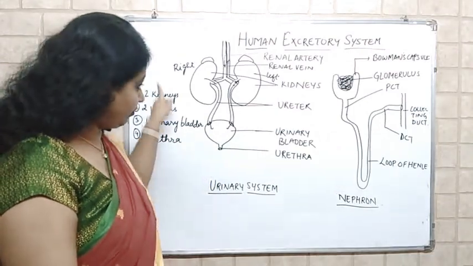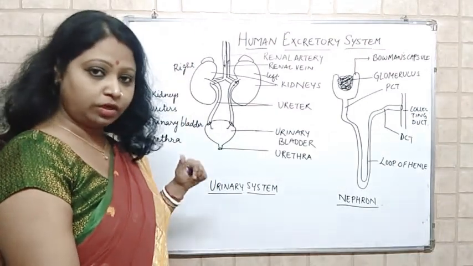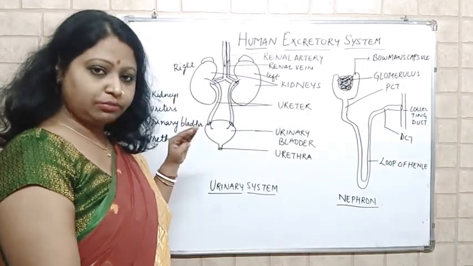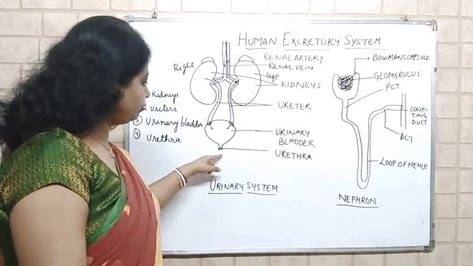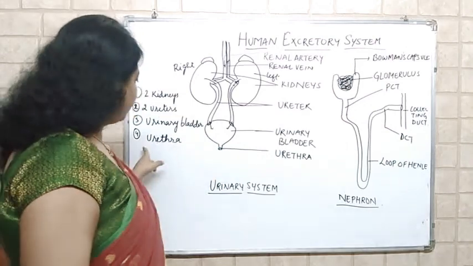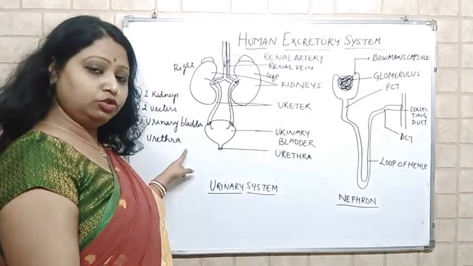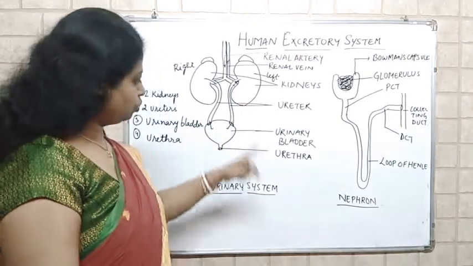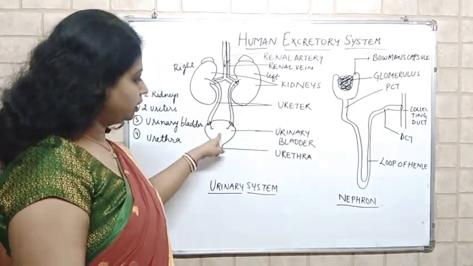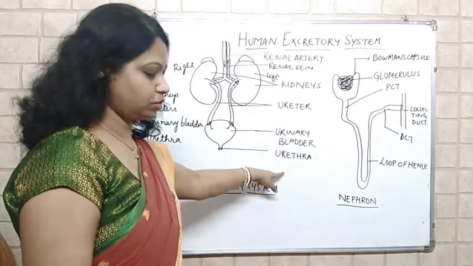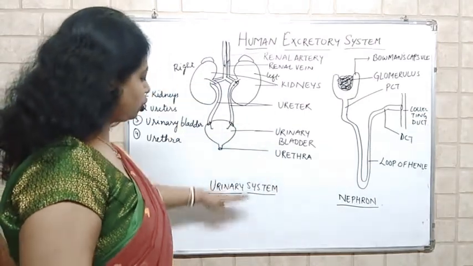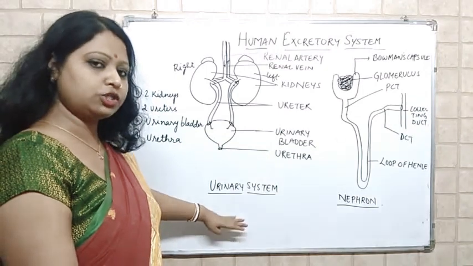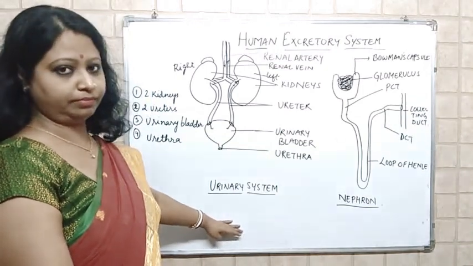It has control with your nervous system. So you can hold for some time, and time to time through the opening, the urethra, urine will be excreted out. So urine will be stored here and excreted out through urethra. This is the structure of the human excretory system, also known as the urinary system.